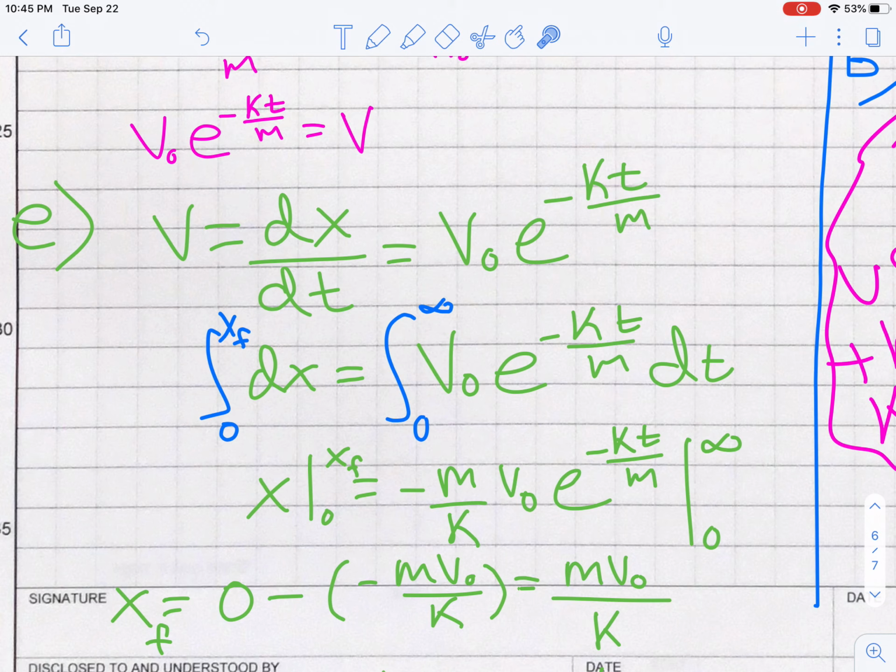So that works out. Then when we evaluate, e to the negative infinity is 0. e to the 0 becomes 1, and we have this stuff. But remember, it's upper limit minus lower limit. So we're minusing the lower limit, but the lower limit also came out to be a negative. Those two negatives cancel, and we slide a distance of m v naught over k before we stop.